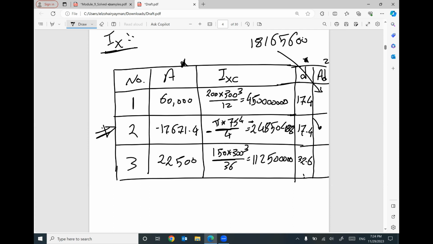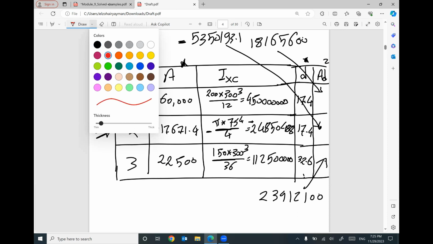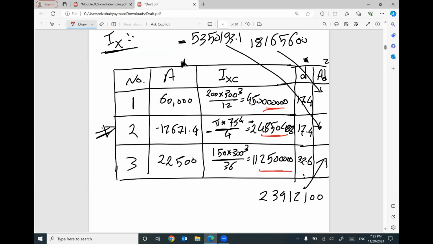I got negative 5,350,193.1. And the final value here, 22,500 times 32.6 squared. I got 23,912,100. Then I will add this column together to find out the summation, and I will add this column together to find out the summation.